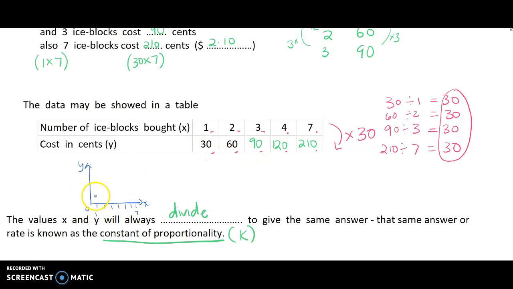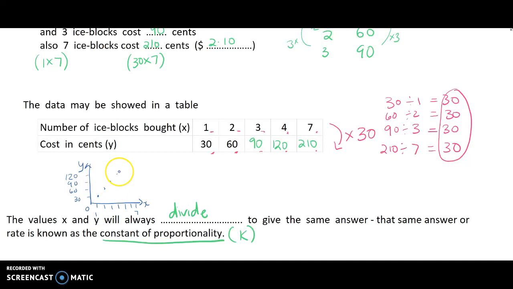And I'm going to go 30, 60, 90, 120. I'll just go that far. Don't have much space. So 1 is to 30, which is over there. 2 is to 60, over there. 3 is to 90, over there.